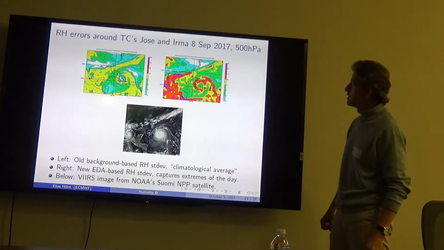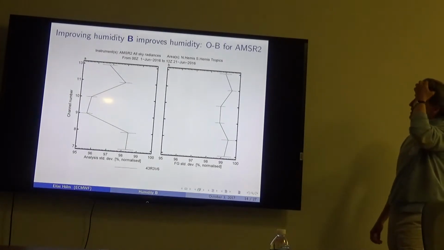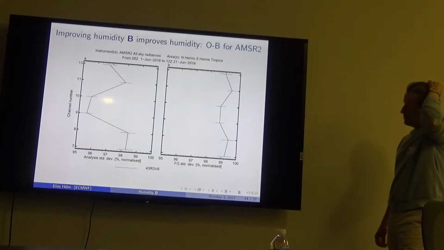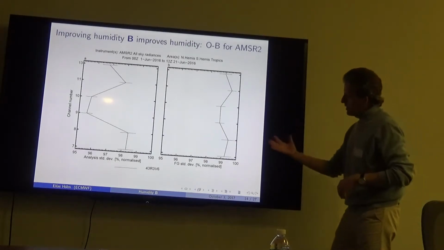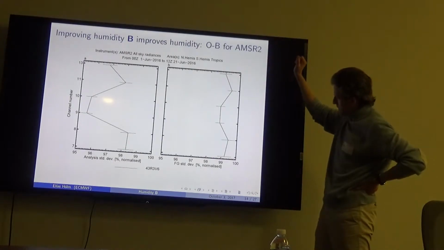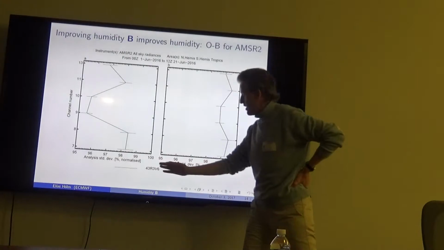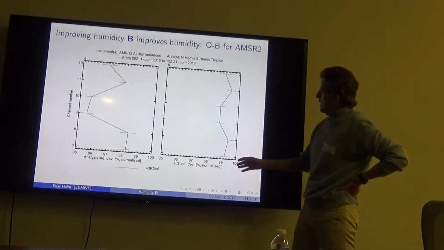Okay, let's go to the next. This is how the humidity data are affected. So here we see that humidity is really improved, and this is fit to AMSR2. This is against our own analysis. This is against the first guess, and this is the improvement.